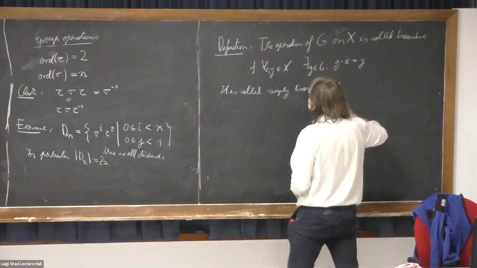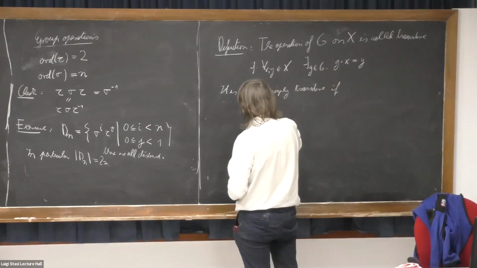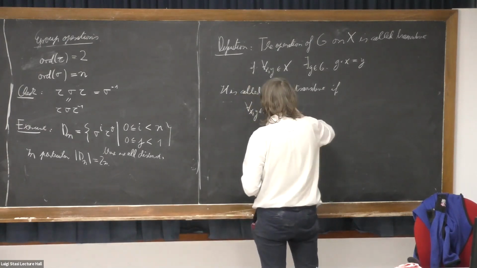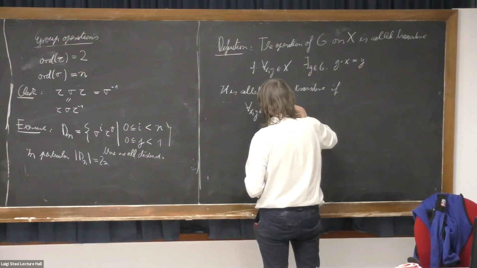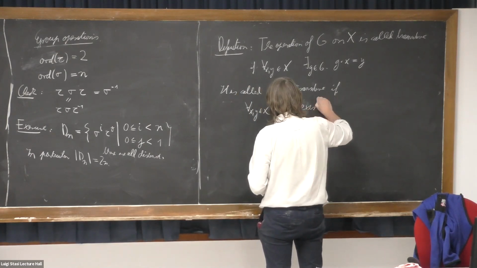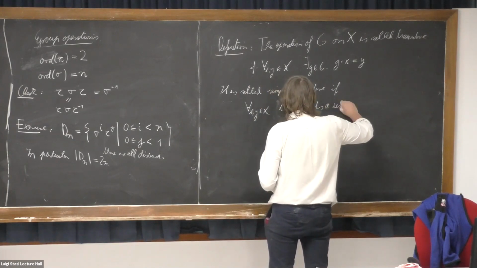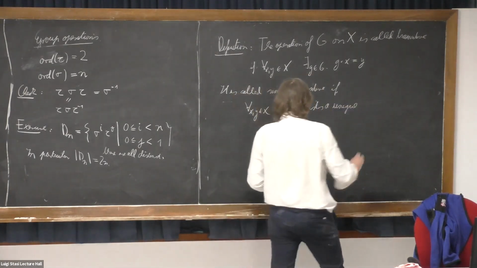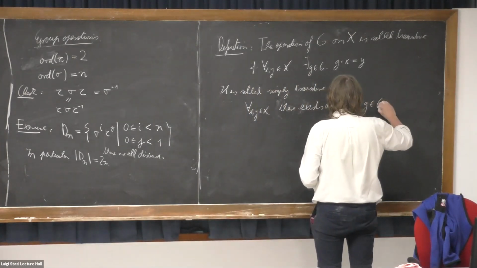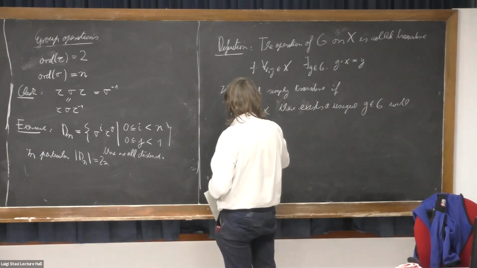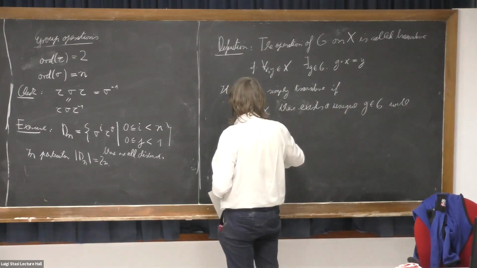If for all x, y in X, there exists a unique g in G with g times x is equal to y.